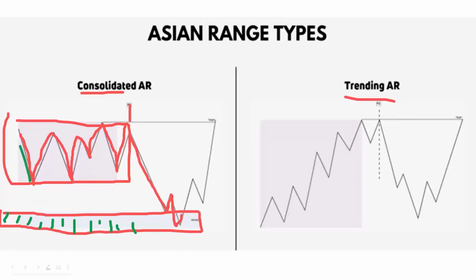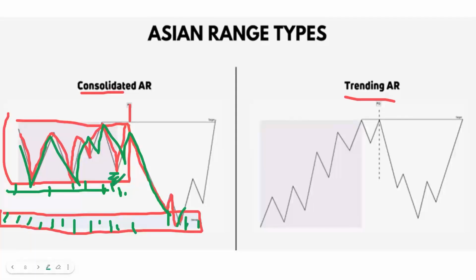So we have this market playing around there. Then we have what we call the manipulation that I'm talking about. It manipulates to take out these orders that are down here. You get? So it manipulates to an area of value. Then what do you wait for? You wait for it to close back. Some people wait for it to close back into the Asian range, but at times that may not happen.